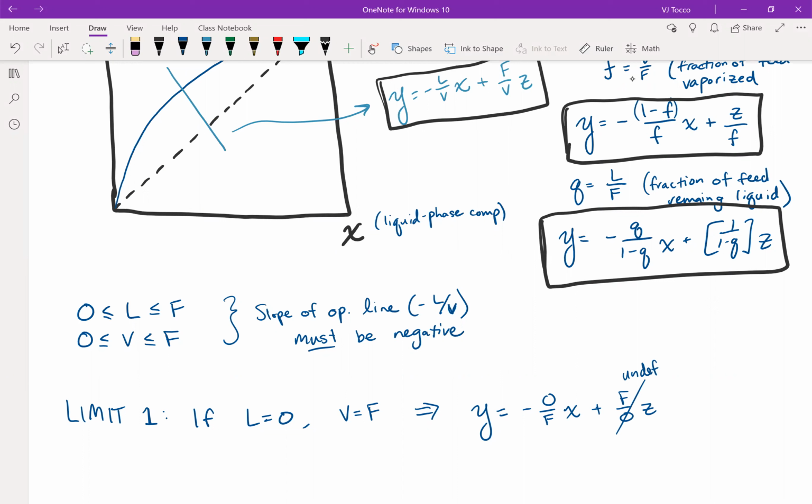Oh, wait, no, I'm sorry. I plugged in the wrong number. V is equal to F. So F over F is equal to 1. So this means my slope is 0, meaning the operating line is going to be a straight horizontal line. Operating line is straight horizontal.